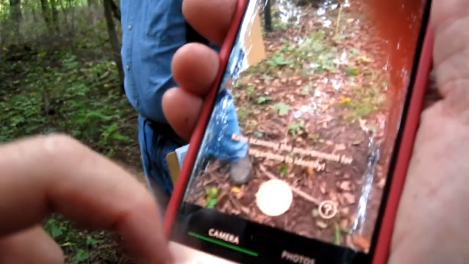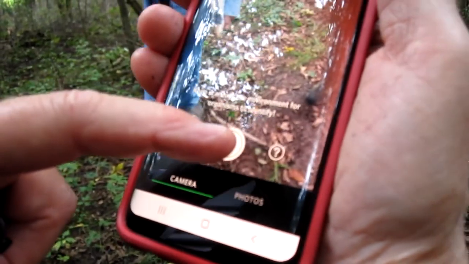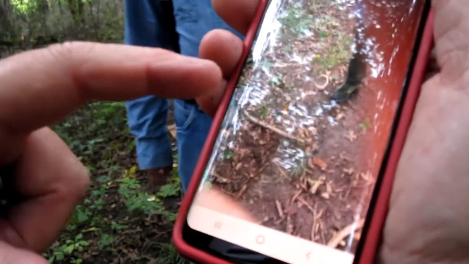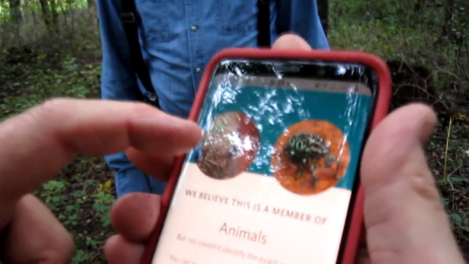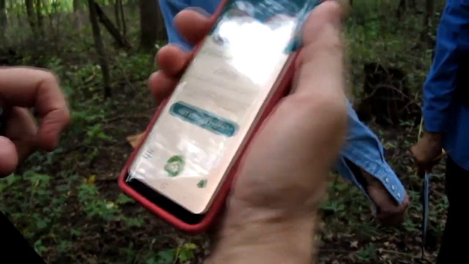And then when you continue, you're ready to take a photo of the plant or animal that you're looking at. And then you take the photo and it will tell you what it is. Really quick. Yes. And so there's our picture, and we believe this is a member of animals. So I'm not sure if they're talking about Victor or what, but they're showing a little weevil next.